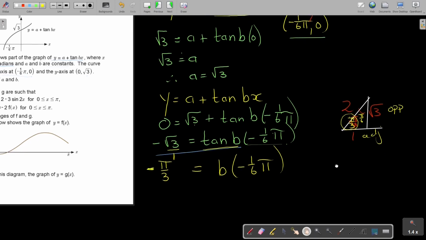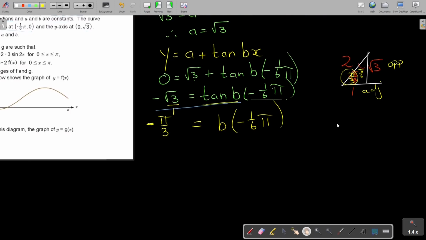And now I'm just going to simplify that. So now I'm going to, because there's a negative and a negative, so it's going to become positive, but I'm going to divide by negative 1 over 6 pi. So I get that B, okay, the negatives will cancel out, but this will be pi over 3 multiply.